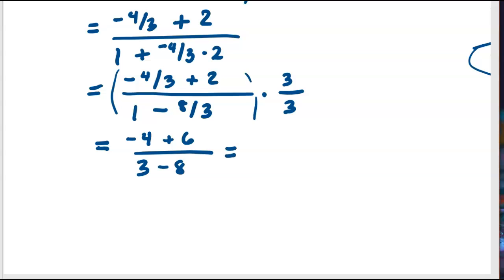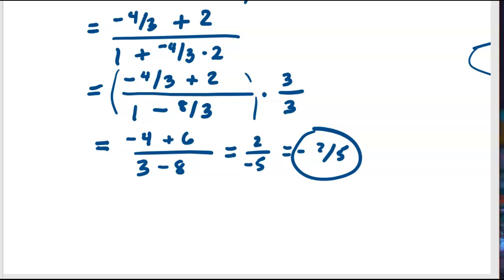I personally like to do that anytime I have fractions within fractions and all the fractions involve the same denominator. So now I can just simplify a lot quicker. Answer is negative 2/5.